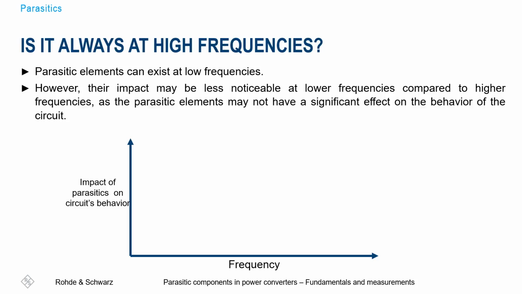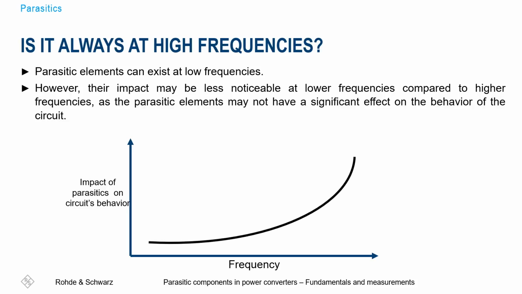And there is a question that always arises: is it always at high frequencies? Well, the answer is yes and no. It's no because the parasitic elements can exist also at low frequencies, because it's a characteristic inherent to the passive component, but on the other side, the impact is less noticeable at these lower frequencies.